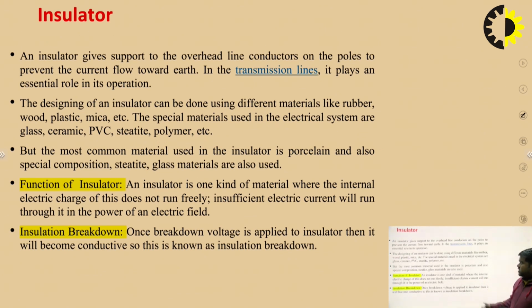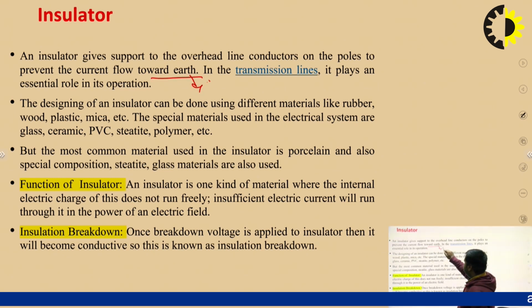So the first question arises, what is an insulator? An insulator is basically a support to the overhead line conductors on the poles to prevent the current flow towards earth or ground.